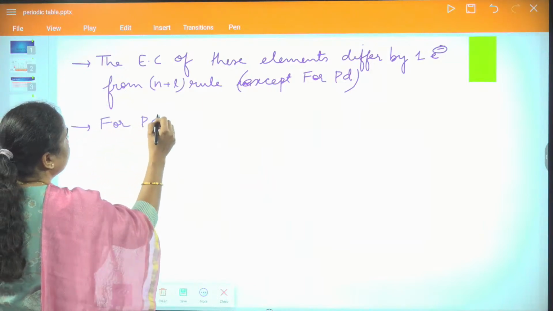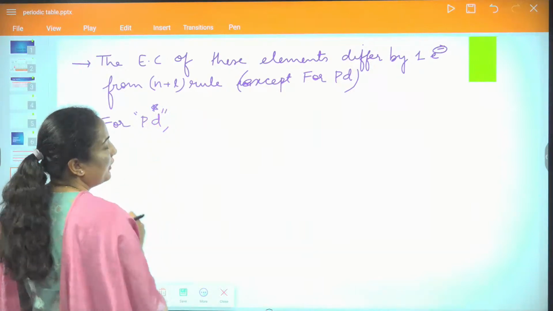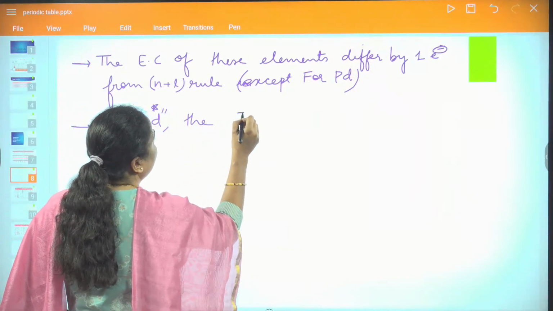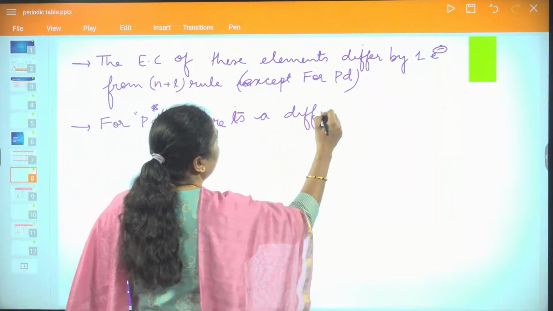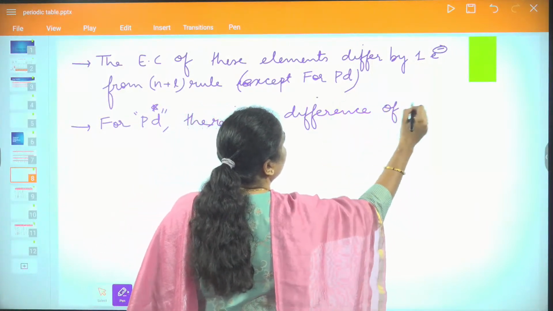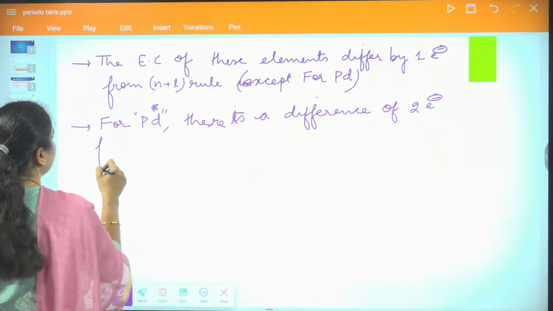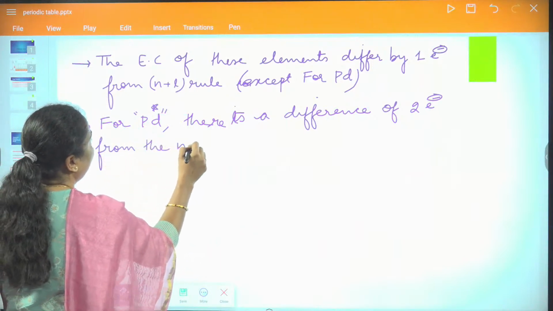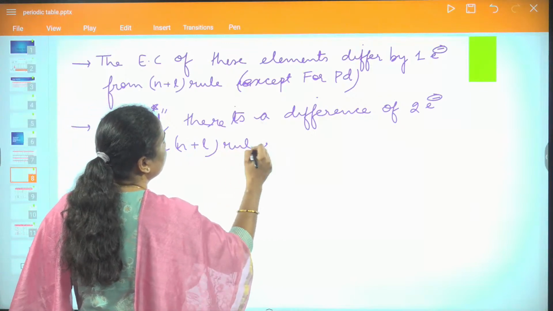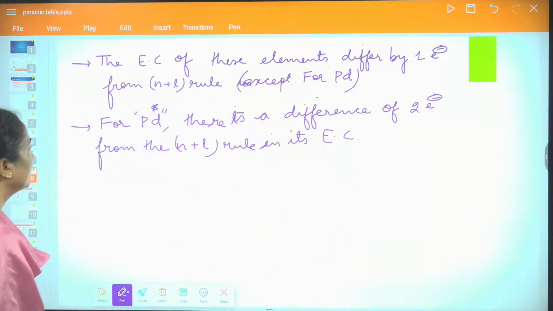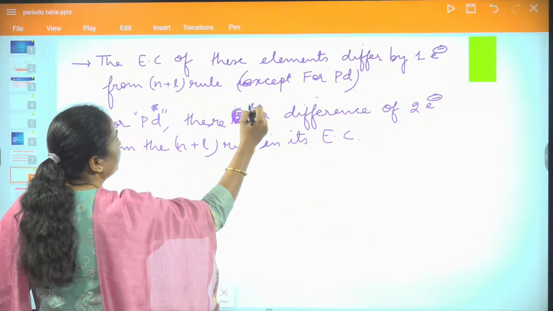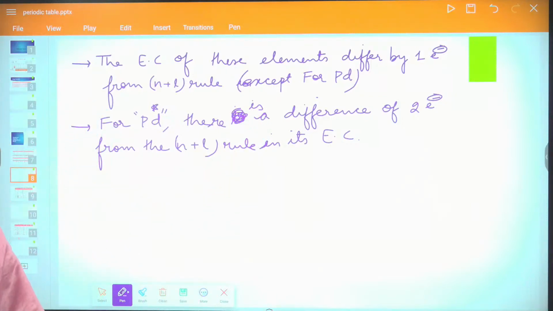For palladium, the star mark is there. For palladium, the electronic configuration has a difference of 2 electrons from the n plus l rule. First you write this, you'll understand this, okay? You write this, it is very easy to understand. You can easily verify also.